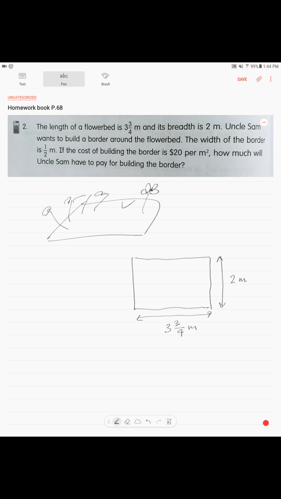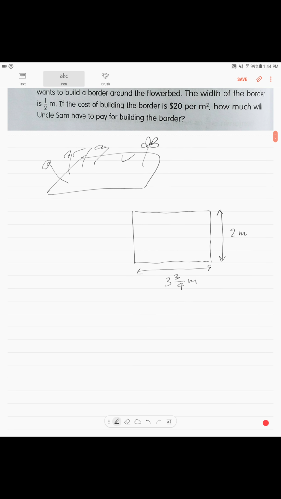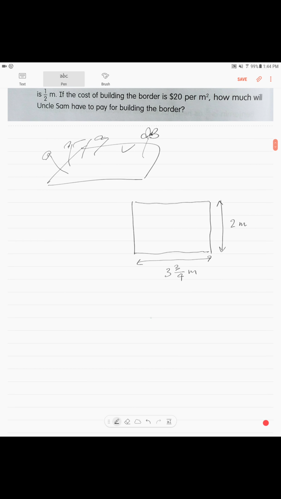Now what you have is this thing, you have your flower bed, and you're making a border, and here is your border around it.